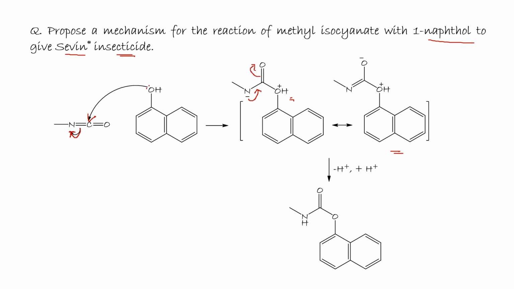This is the second resonance structure, minus H plus, plus H plus. So move this H from this oxygen to that one, and then tautomerism gives the amide bonding.